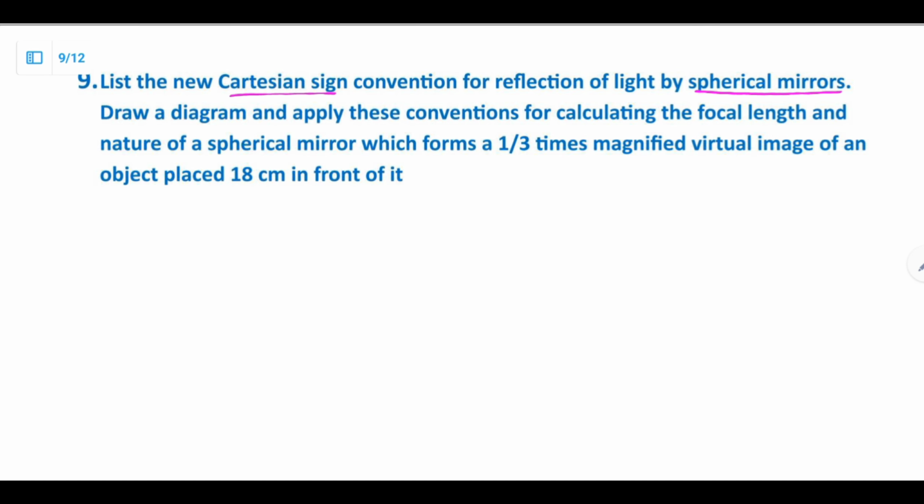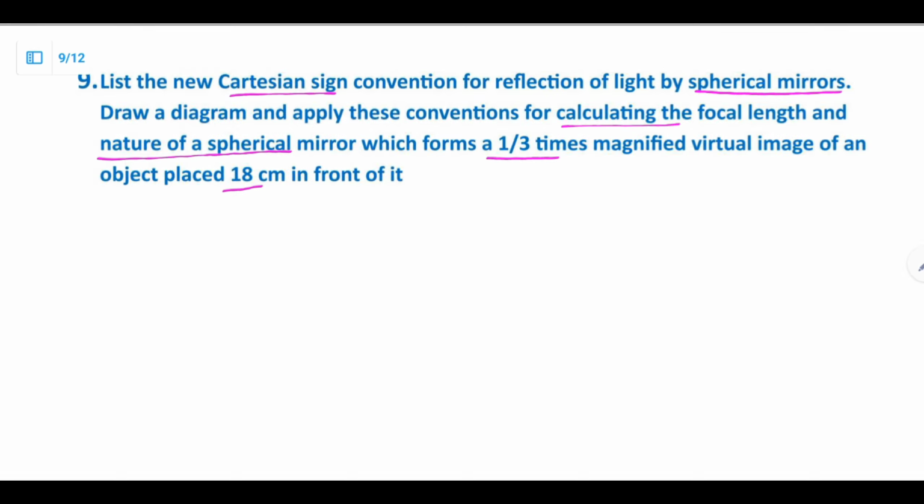Draw a diagram and apply the sign convention rules for calculating the focal length and nature of a spherical mirror which forms a 1 by 3 times magnified virtual image of an object placed 18 centimeters in front of it. So the first thing here is the sign convention rules.